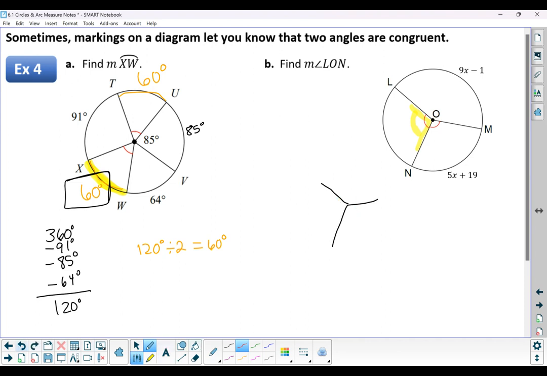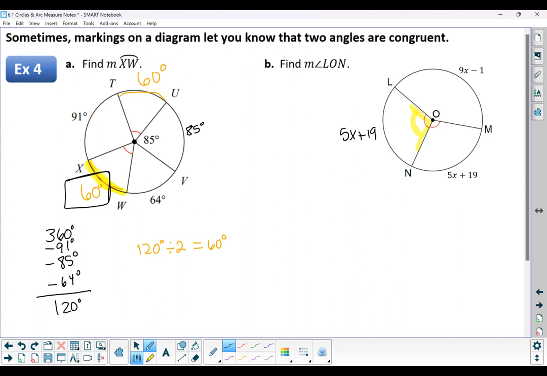So they offset them a little bit to show that those 2 angles are equal. If this one has an arc of 5x plus 19, then this one also has an arc of 5x plus 19.